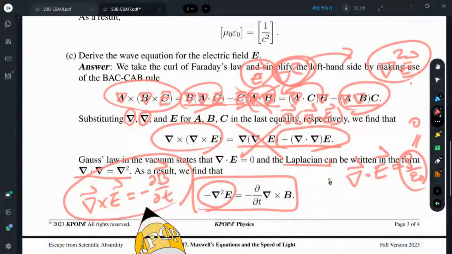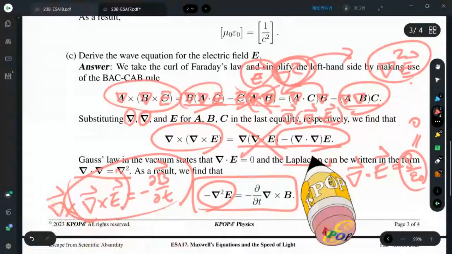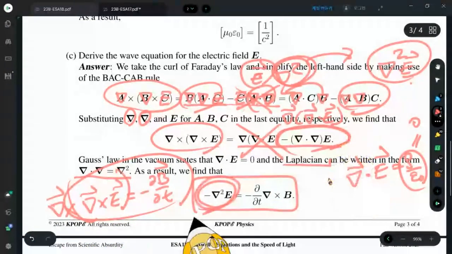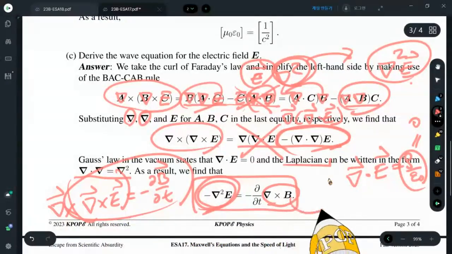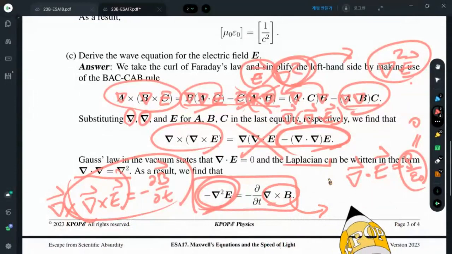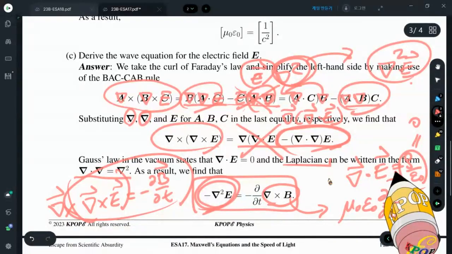This is Faraday's law. If I apply curl in here, what I obtain is this, and we have a curl B. And then what's that? According to Maxwell's law, it is mu zero epsilon zero times the time derivative of the electric field.